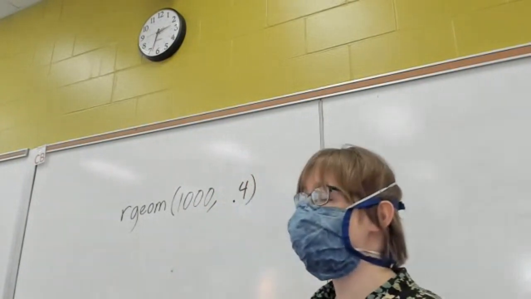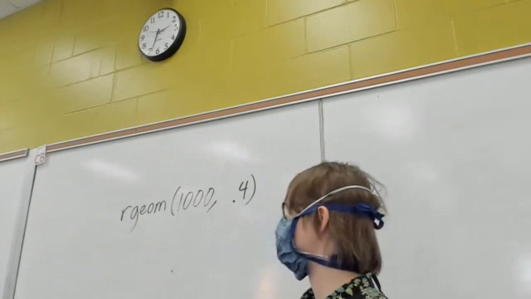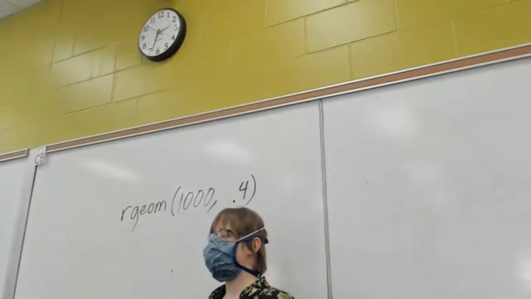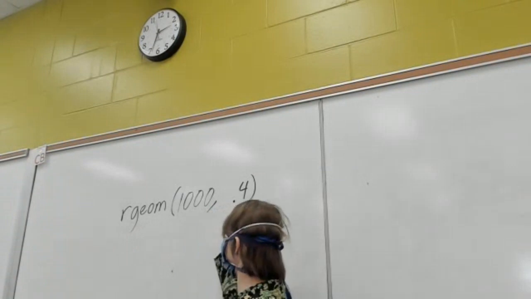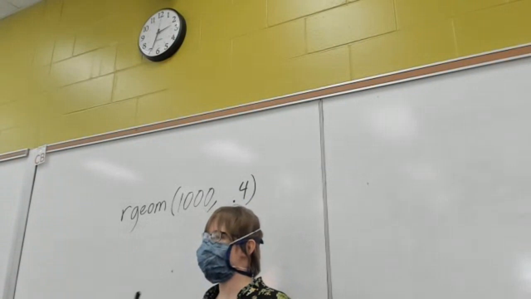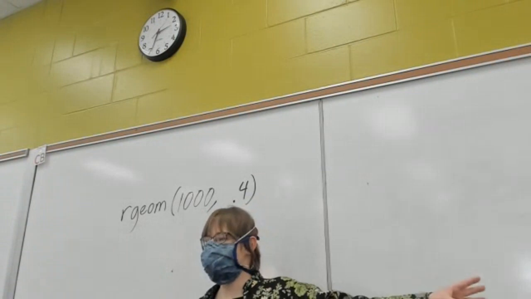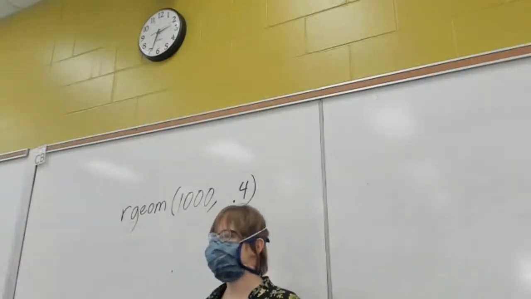So it'll generate random numbers that are valid values of y from this distribution. So for a geometric distribution, the results you're going to get are going to be non-negative integers. So with a value of 0.4, it's going to be sort of more tending towards low numbers, 0, 1, 2. But if you're generating 1,000 of them, you probably will have some that are larger, 10, 15.